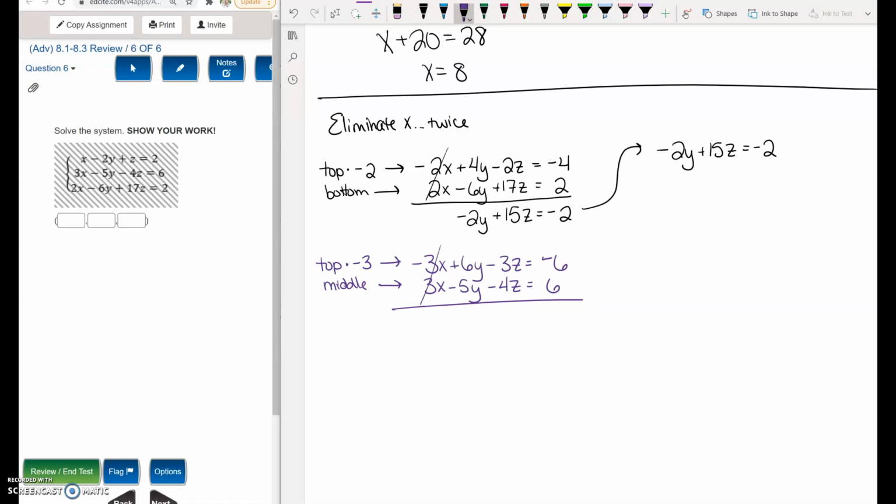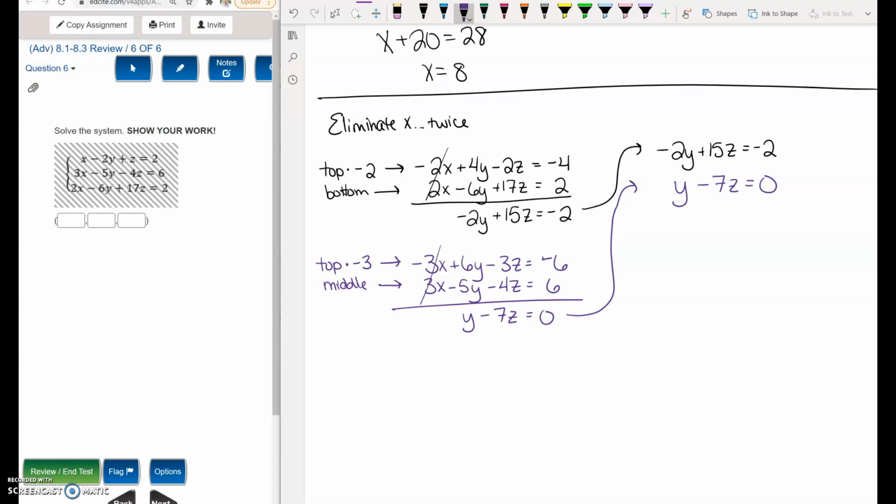When I add these, I get y minus 7z equals 0. It is okay to have equals 0. I've eliminated the x value twice. So now I have two equations that only have y and z. You have to have two equations that only have the same two variables.